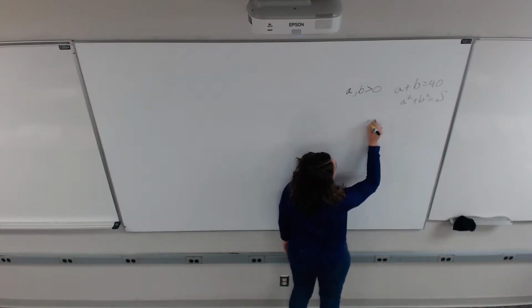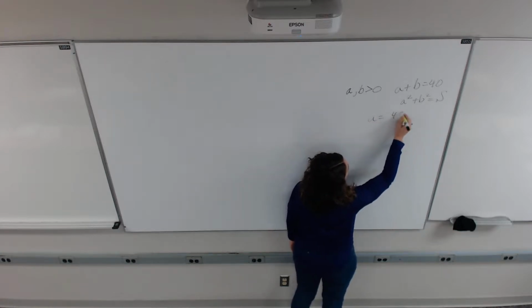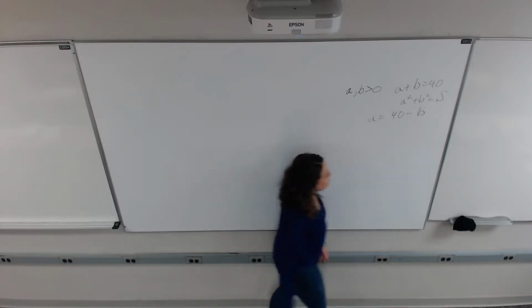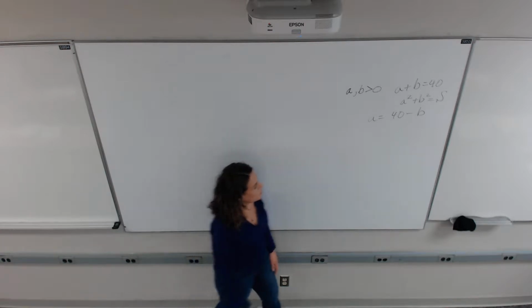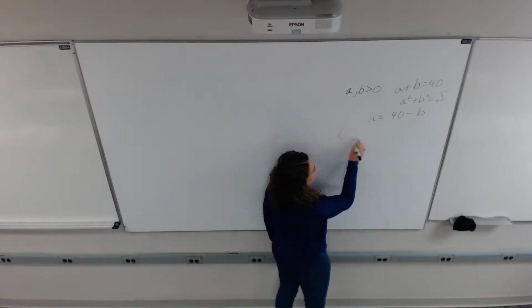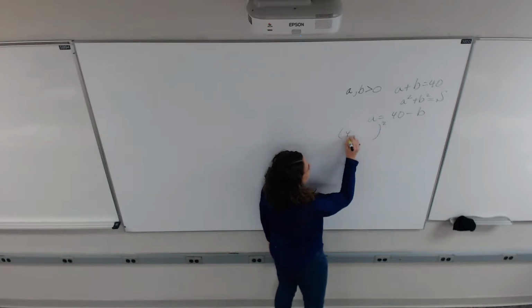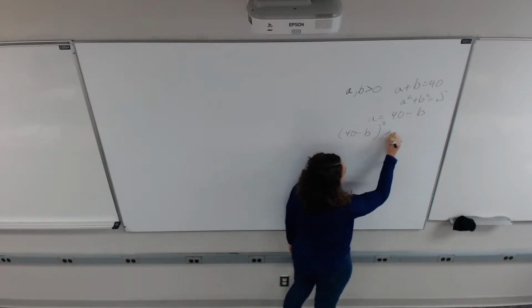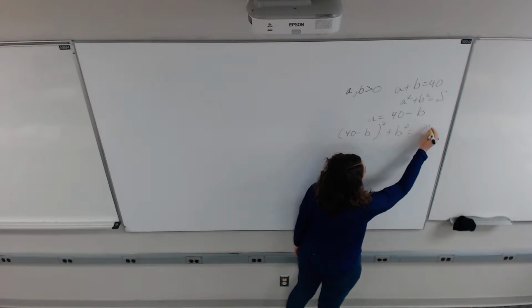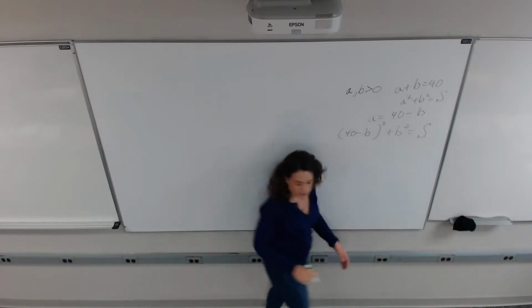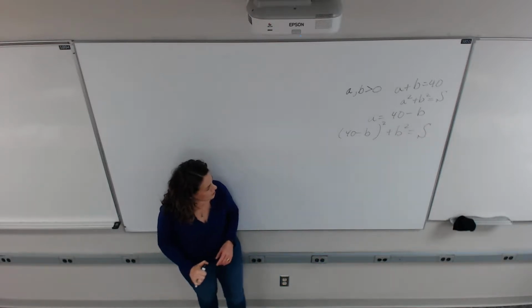Let's say we use B, so we get rid of A, so that becomes 40 minus B. So you rewrite the optimization equation as 40 minus B quantity squared plus B squared equals S, and that gives you your optimization equation.